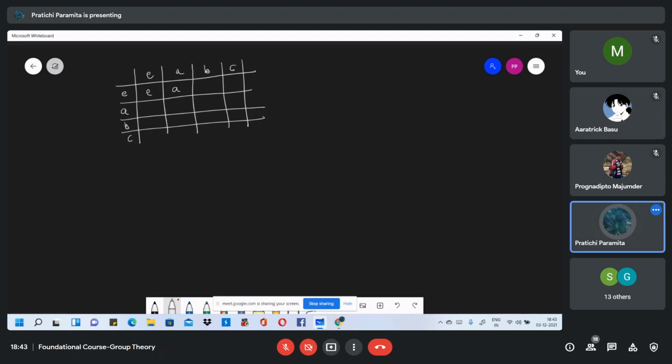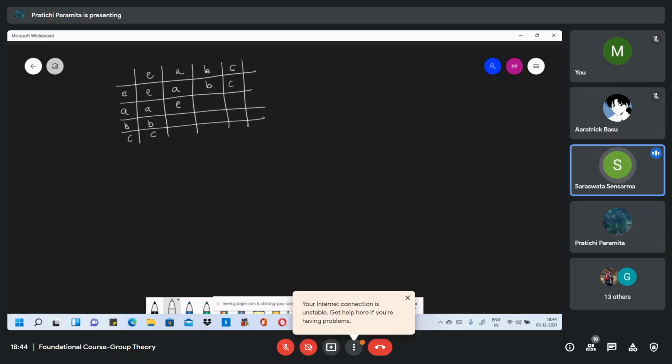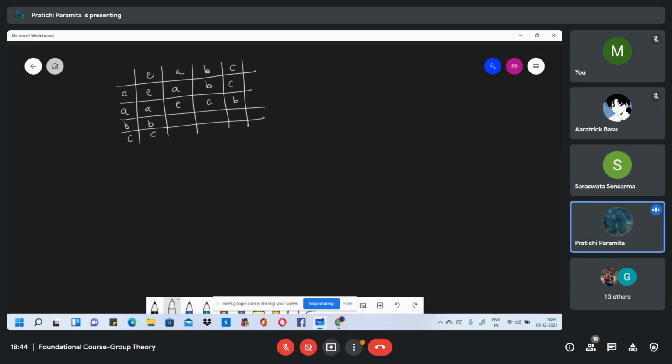This I know. Can someone just think about what the entry should be? We can start with, say, one of them E. Okay, and so suppose I put E over here, then the next one has to be C and the next one has to be B, going by rows. Yes.